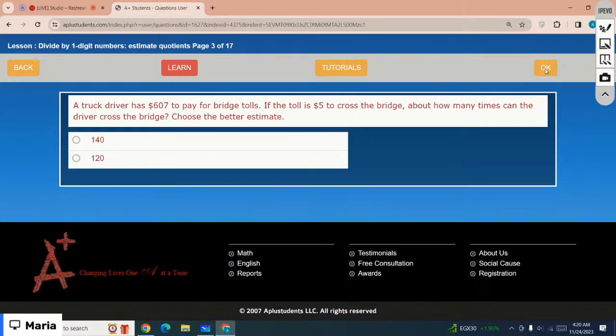Okay, a truck driver has $607 to pay for bridge tolls. If the toll is $5 to cross the bridge, about how many times can the driver cross the bridge? Choose the better estimate. You are given the options 140 and 120. Which is the correct option?